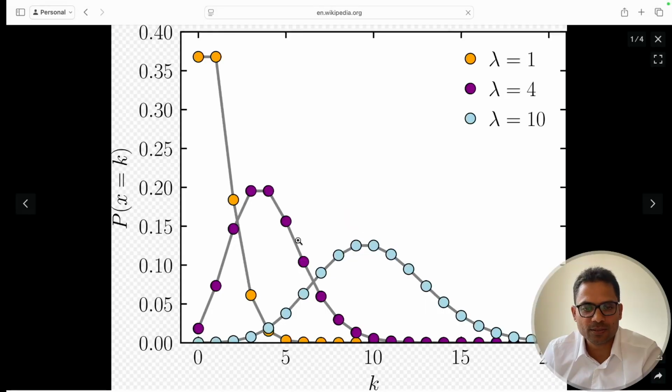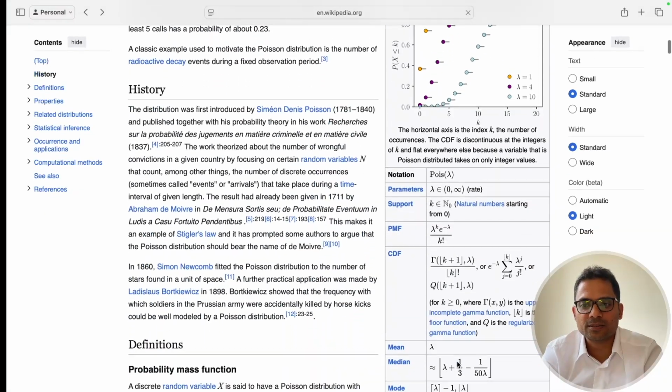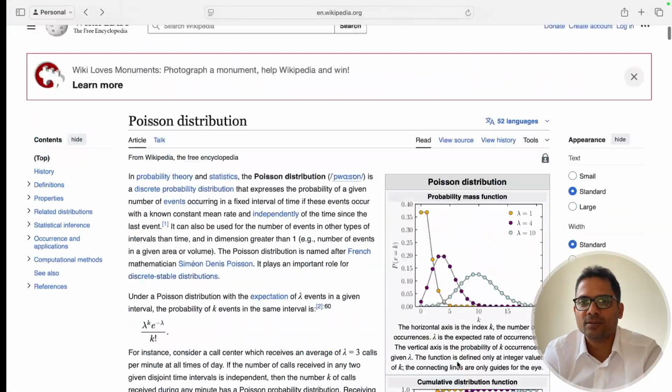Here it's given lambda equal to 1, lambda equal to 4, lambda equal to 10, and the Poisson distribution plots are given here. This is the PDF of Poisson distribution. These are the discrete points, how many events will happen and what will be the probability for each lambda. Similarly, this is the CDF here, and the other statistical properties which are very good.